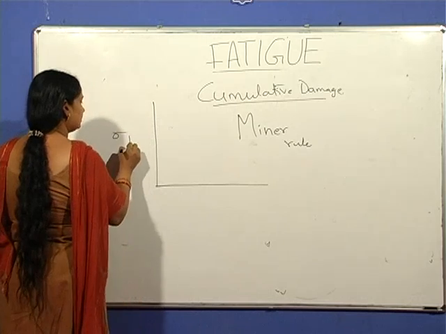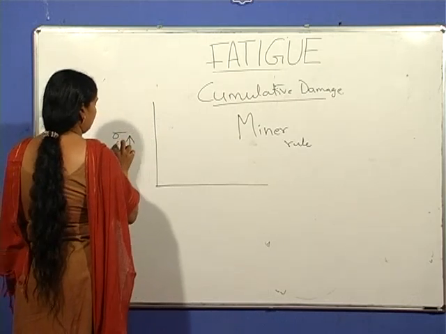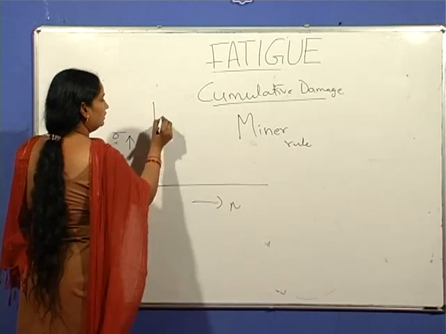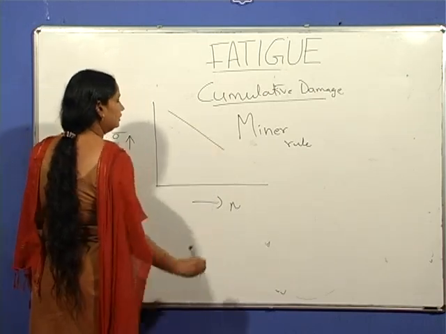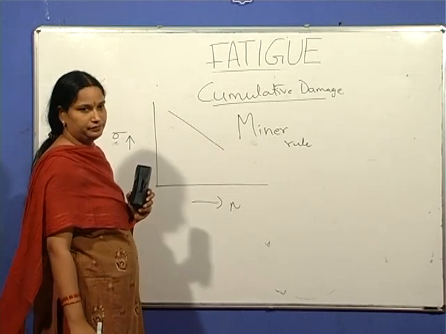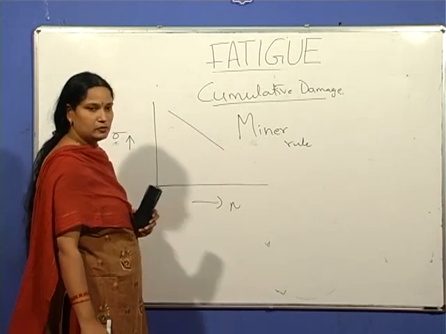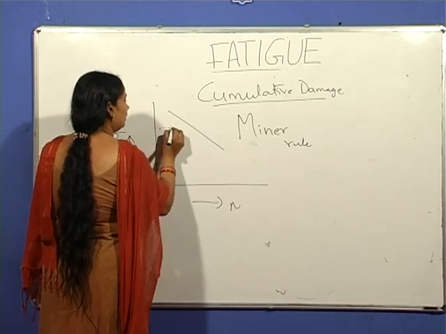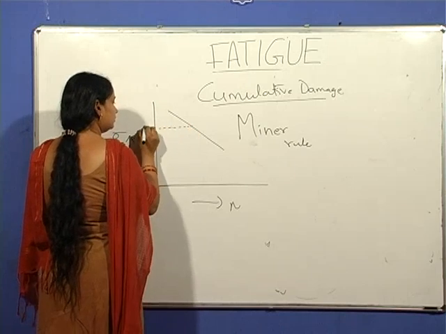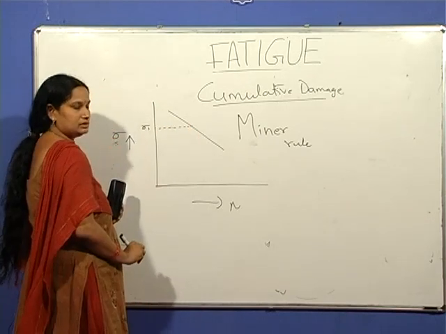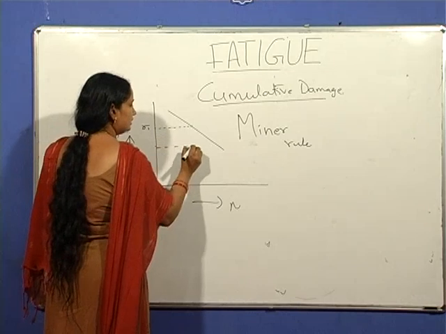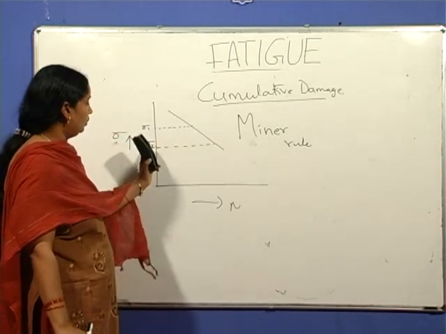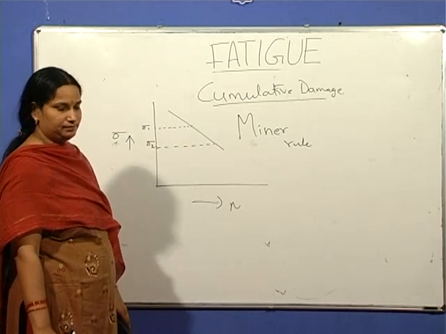This is the plot of stress versus number of cycles to failure, for a material which shows this type of curve. For example, the material at point sigma 1 and this is for the point sigma 2, where sigma 2 is lower when compared to sigma 1.